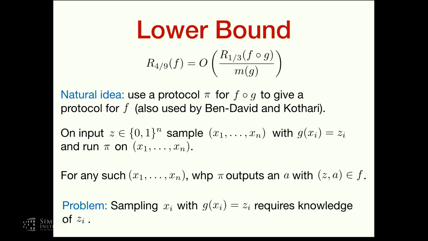What that basically means is that any output that pi produces on x1 through xn is actually going to be a good output for f on z. So that's the basic idea. Of course, the problem with this is how are you going to sample xi? Because to sample xi such that g of xi equals zi, you have to know what zi is, and that's going to cost you queries.